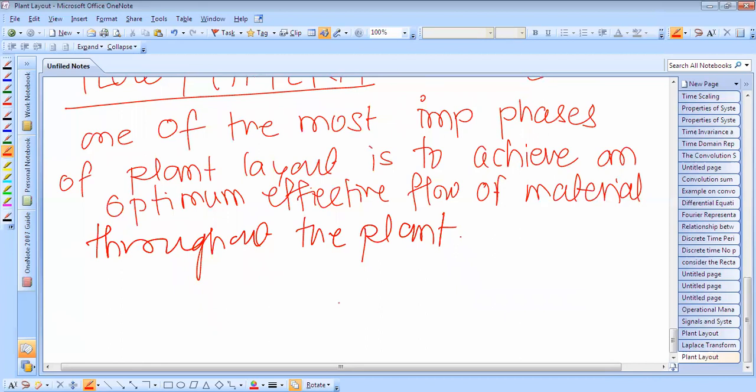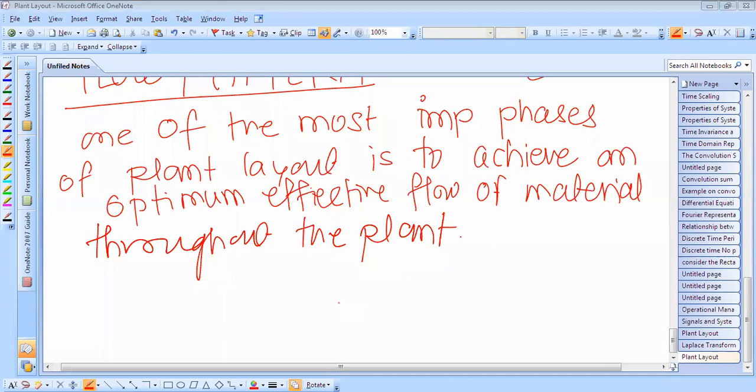And therefore, naturally, the principle of minimum movement. If there is minimum movement, minimum cost will be required for transportation. Distance travelled is also less, and therefore this will be the basis for optimum effective flow. The principle of minimum movement reduces the material handling cost. It will also reduce the in-process inventory and the space for processing.